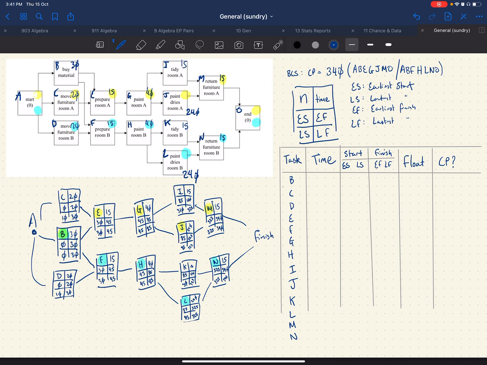So I'll begin filling this in, but really all I care about are these two columns over here, the float and the critical path. So A or B is on the critical path. Yep. C is not on the critical path, so I put a no there. D is also not on the critical path. But everything else is, apart from I and K.